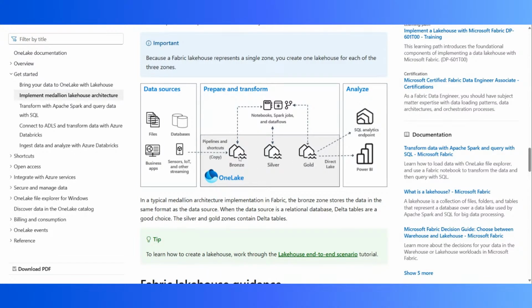The bronze layer is basically the information as it was in the source system. It's like a copy of the information that you had in the source system, without making any transformations. The silver layer is created more like relational data stores with tables and columns and second normal form, where you try to normalize some of that data. You start creating tables and columns and integrating information from multiple systems.